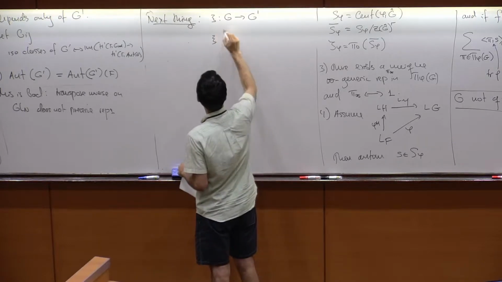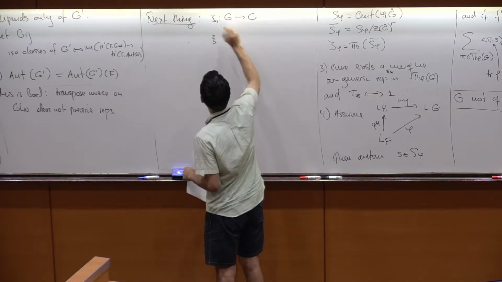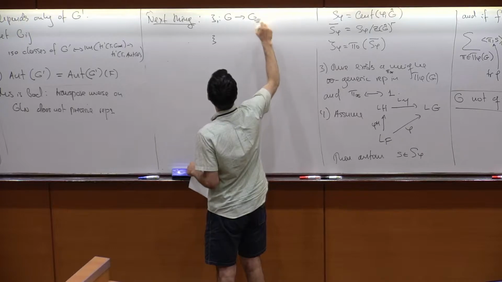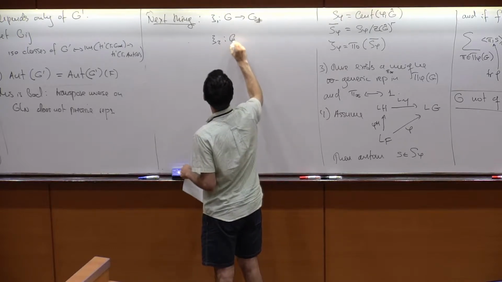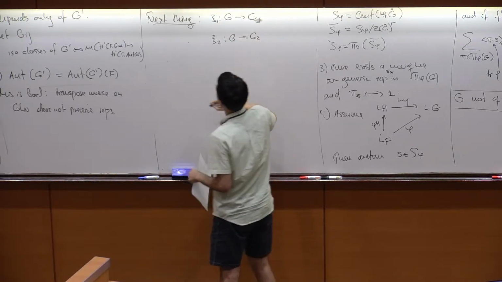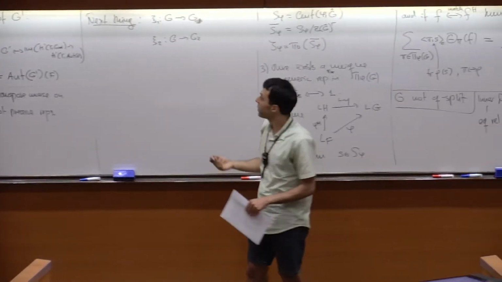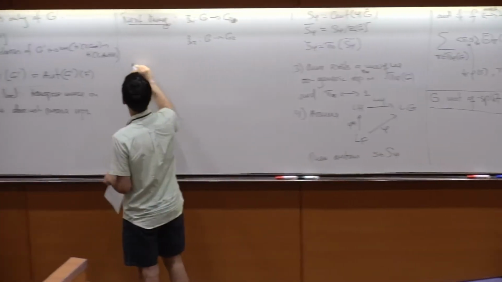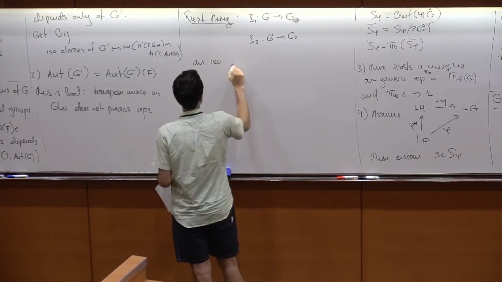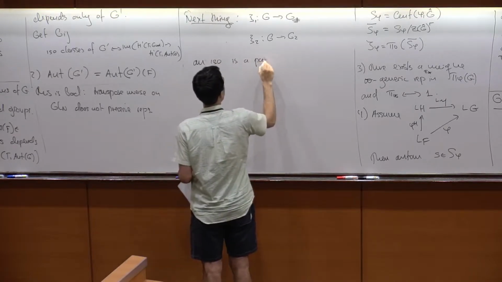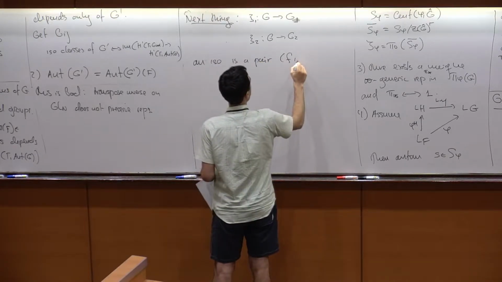So let's say we have two inner twists, psi1 and psi2. What is going to be an isomorphism between them?